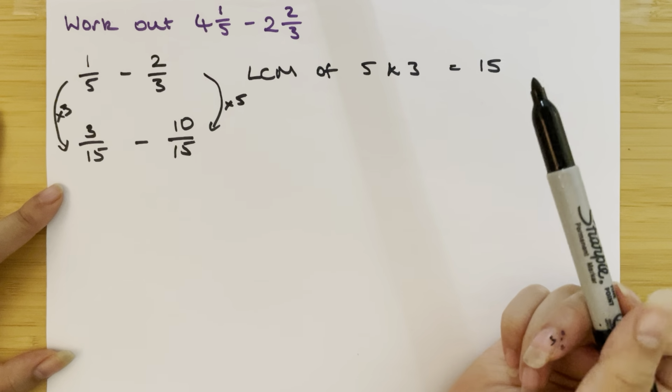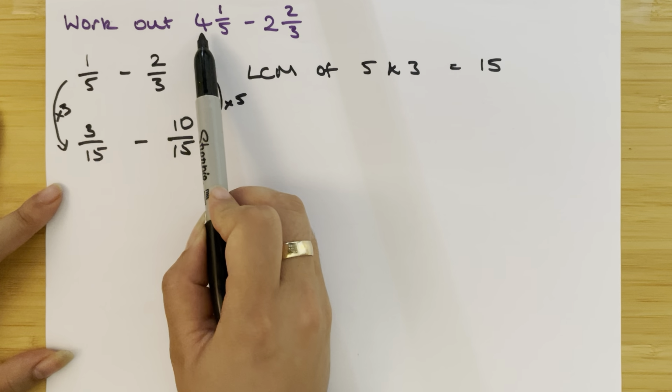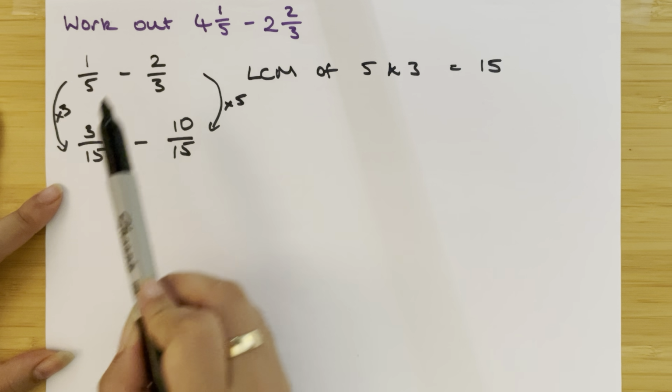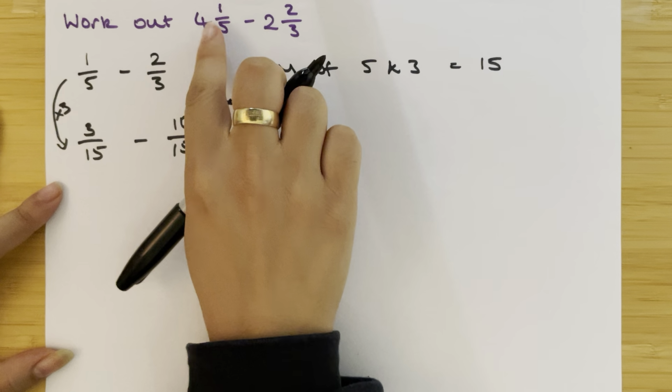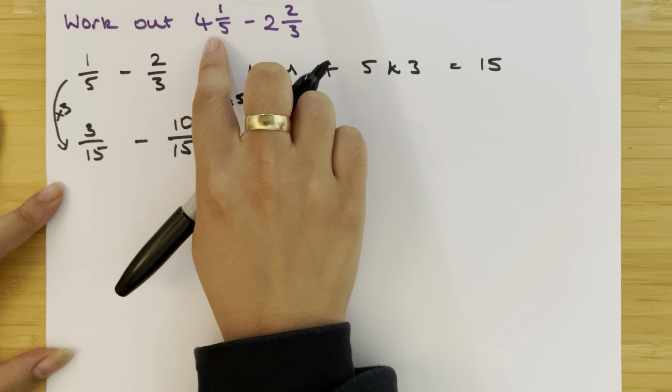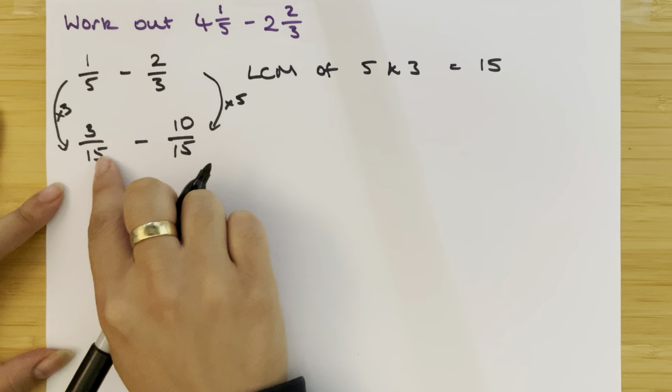So what I'm going to do is steal a 1 from this 4 and put it with this fraction. So this fraction here becomes 4 and 3/15, and this one is 2 and 10/15. I'm just going to write that out, but I'm going to write in where I stole the 1 to put with this fraction.